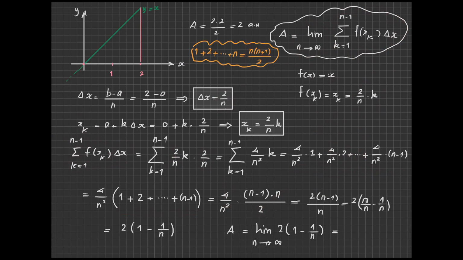So what's the answer to this limit now? 2. Why? Because 1 over n goes to 0, and then the limit becomes 2. And that is in total agreement with what you had before. Okay? So I just want you to see that sometimes it is possible even in practice.